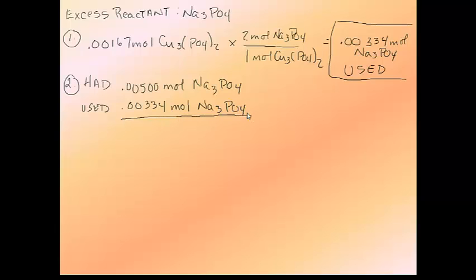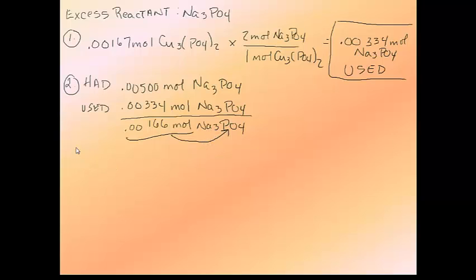That is going to leave behind 0.00166 moles of the sodium phosphate, actually more the phosphate than the sodium. Again, the sodium is a spectator. This number applies only to the phosphate, because the phosphate is responsible for the precipitate, not the sodium.